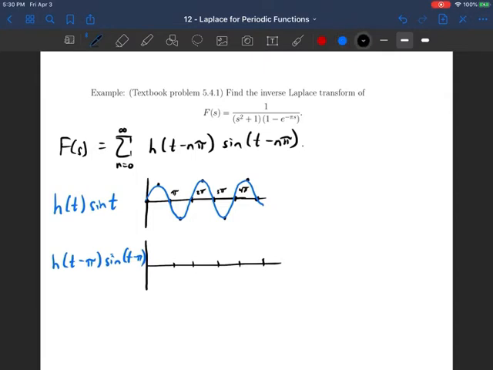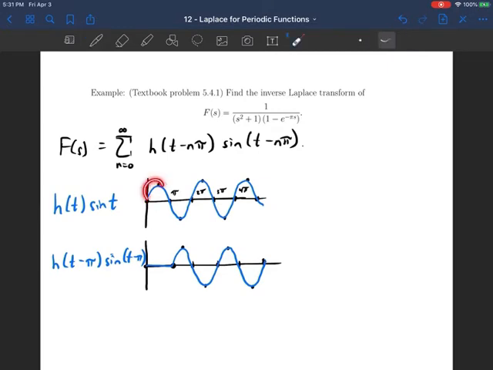Here's pi, 2 pi, 3 pi, 4 pi, 5 pi, etc. What this is going to do is have the same graph, but shifted over. It'll start at 0, stay at 0, and then go up, down, down, up. So the graph of this one will look like this.